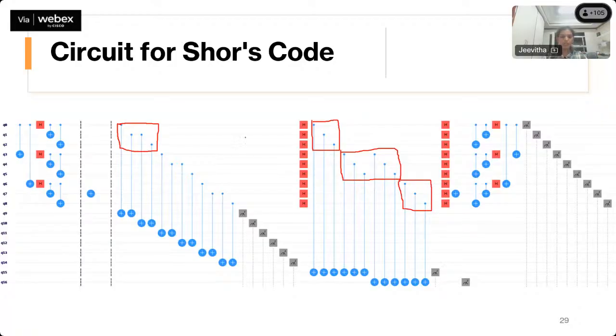Okay, so now you can actually see the similar pattern here, where this whole block I'm measuring once, and this whole block I'm measuring twice, where the target is for 2 different qubits, and the third block I'm measuring once, which is similar to this. So you can say that Shor's code is an extension of repetition code.